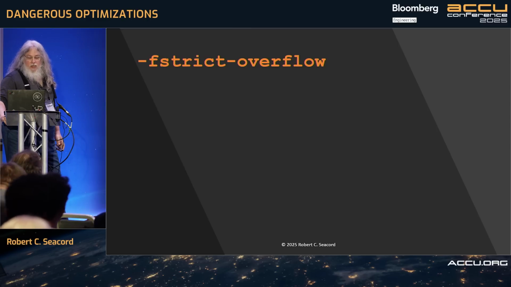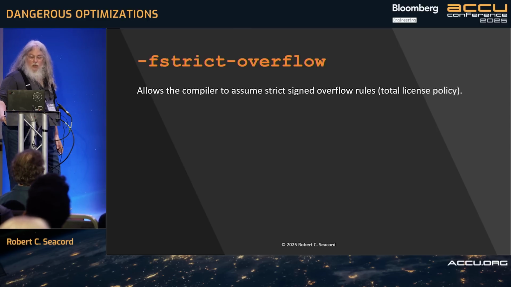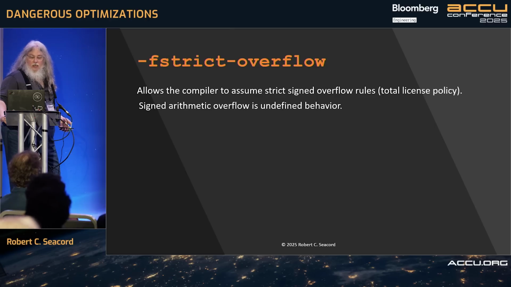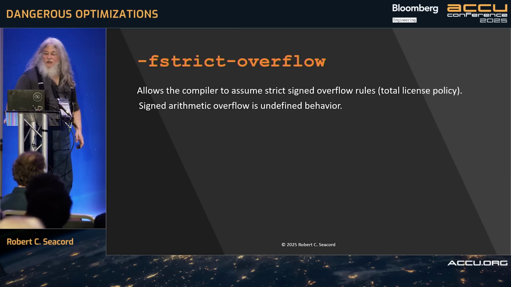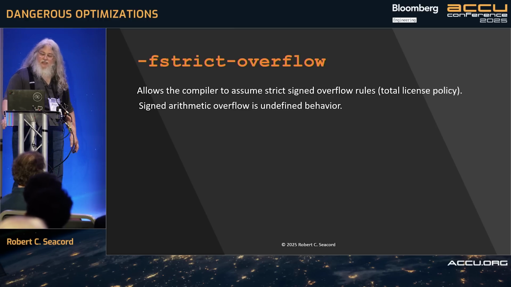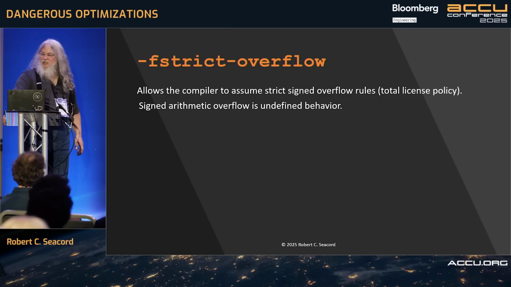So GCC has a strict overflow flag that allows the compiler to assume the strict signed overflow rules, the total license policy, where any signed arithmetic overflow is undefined behavior. And if you're paying careful attention, you see that this isn't quite right. A lot of the documentation for the compilers and the flags doesn't follow the standards exactly.